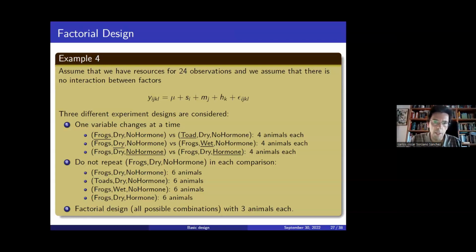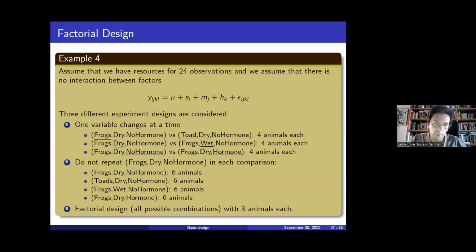Another way would be this one. Okay, so if you look at this design, this group is the control group, has been used 3 times. And this control group, altogether, it has 12 animals in total. And the other 12 animals are distributed in this, checking whether the species, being wet or dry before the experiment, or the hormone makes a difference.